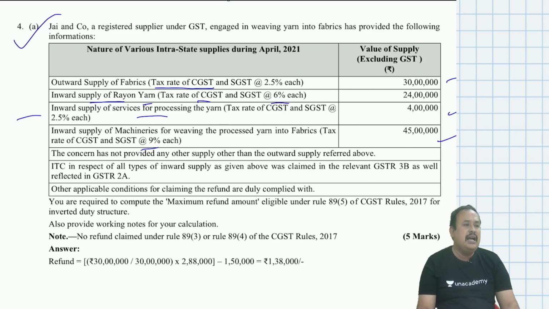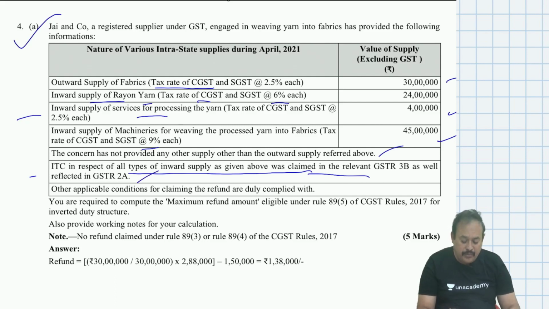The concerned has not provided any other supply other than the outward supply referred above. ITC in respect of all types of inward supply given above was claimed in the relevant GSTR 3B as well as reflected in the GSTR 2A return. Other applicable conditions for claiming the refund are duly complied with.